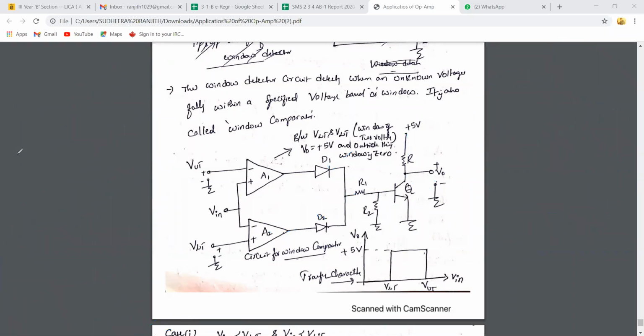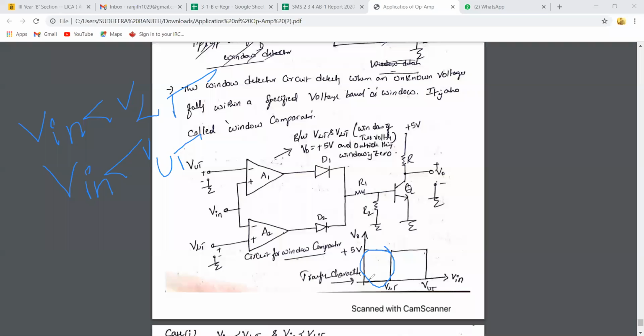If you observe, V in is less than VLT and V in is less than VUT. This is the first case we have taken, right? So what is the case here? If you observe the transfer characteristic, this is the part.